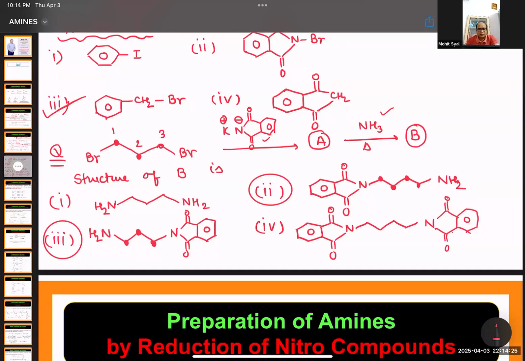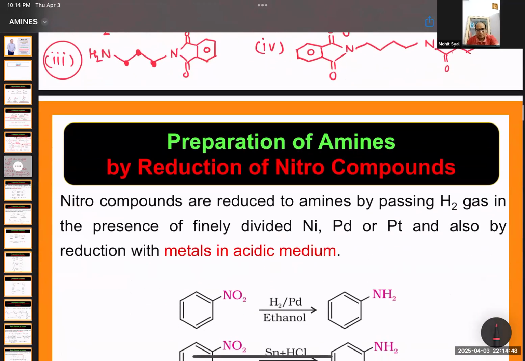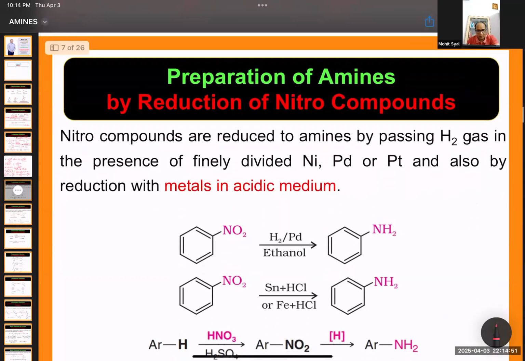Got it? Yes, sir. So third option is the right option. So I mean to say is, with this question, always have a look at the number of carbon atoms. That is very, very important. Sometimes everything is okay, just the number of carbon atoms may be changing. So you need to look at the carbon atoms very closely.